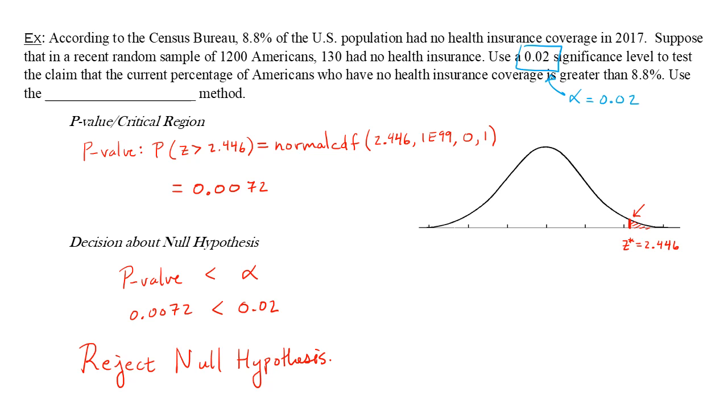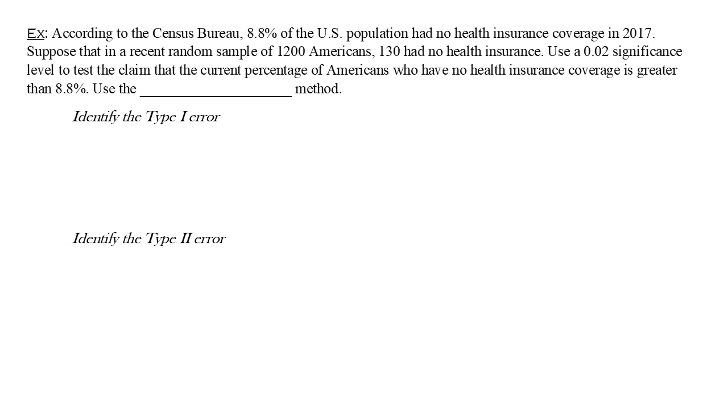So now what we can do is try and interpret this with the original claim that we were making. Remember that we were originally claiming that the current percentage of Americans who have no health insurance coverage is greater than 8.8%. So since we're rejecting our null hypothesis, what does that tell us? And in fact here, let's think about the two cases when we would be making a type 1 or type 2 error. So remember, a type 1 error is the error of rejecting the null hypothesis when it's true.